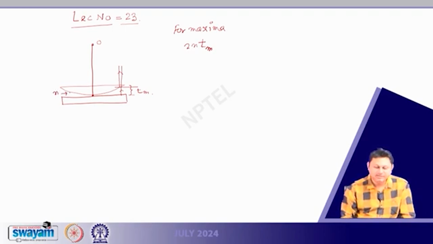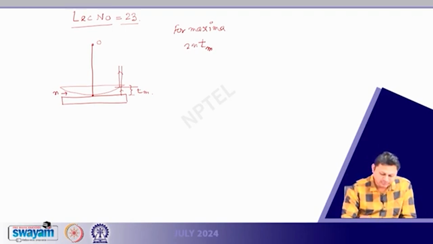Normally it is air and it is 1, but for generality let us put this value as n. Then that value is (2m minus 1) lambda by 2. This is for maxima.